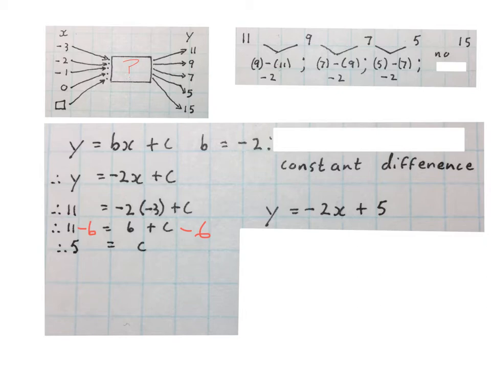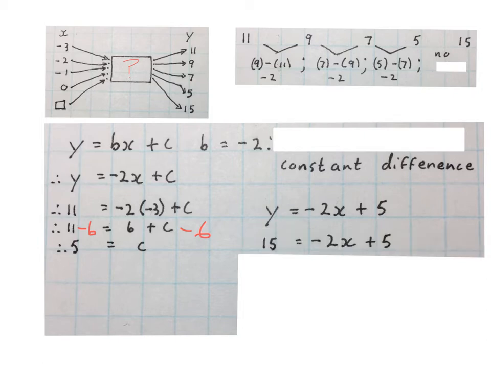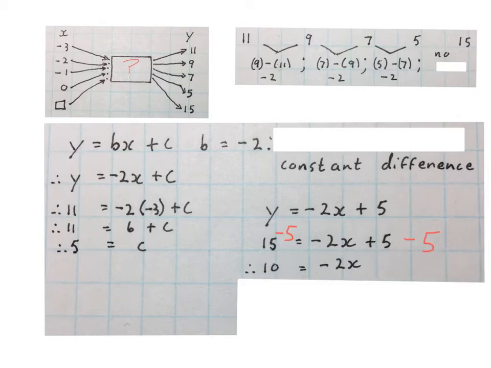And lastly, they ask us to work out the value of that little block there. They're asking what was the input value that gave me an output value of 15. And I will use this equation to help me. You write the 15 in the place of y and keep the rest, and now solve for x. You minus 5 on both sides. You get 10 equals minus 2x.